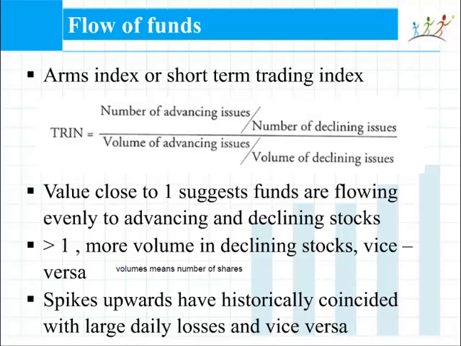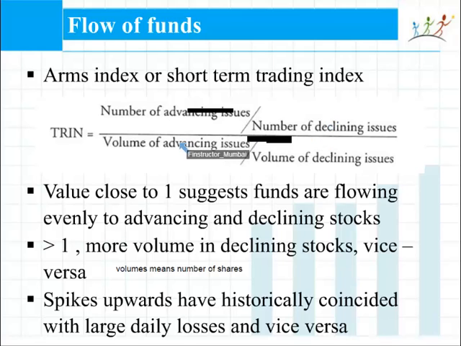So let's say DLF and ITC went up. Then how many issues advanced? 2 issues went up. Let's say ACC and Tata Motors fell. So how many issues declined? 2 issues declined.